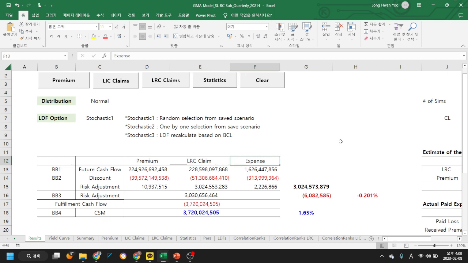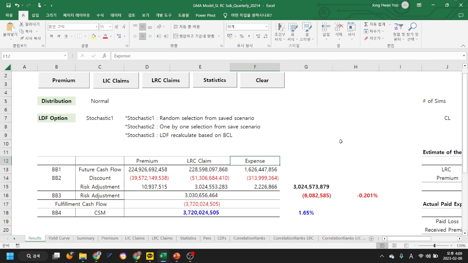And the expense side, actually for this sample, I don't have any historical data, so I made an actuarial judgment to say that expenses are categorized into different pieces.